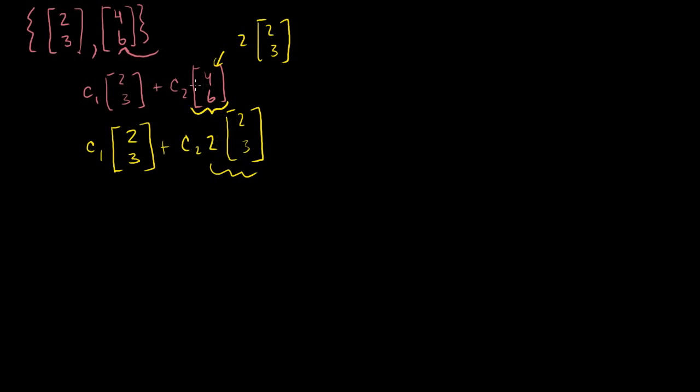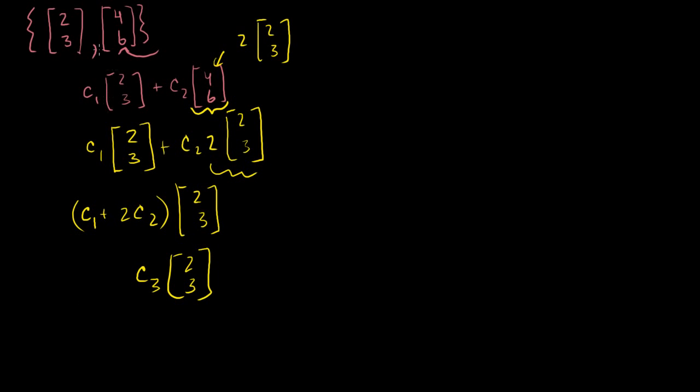Well, then we can simplify this a little bit. We can rewrite this as c1 plus 2c2, all of that times the vector 2, 3. And this is just some arbitrary constant plus 2 times some other arbitrary constant, so we could just call this c3 times my vector 2, 3.